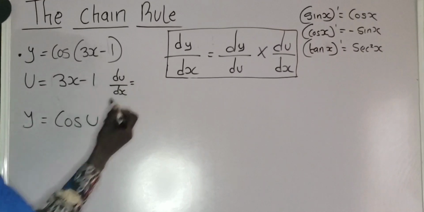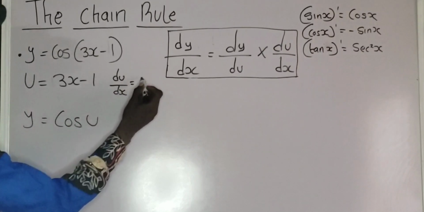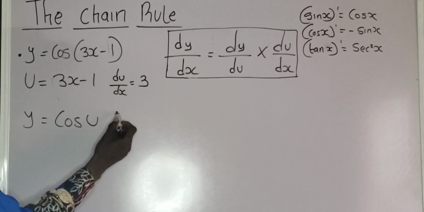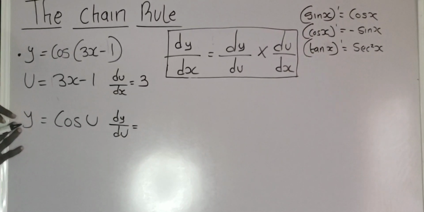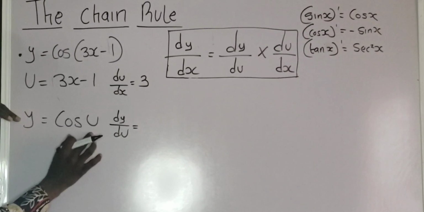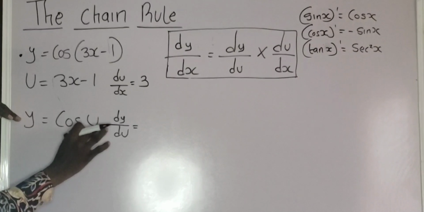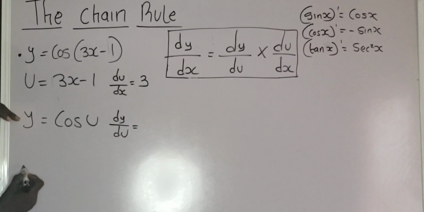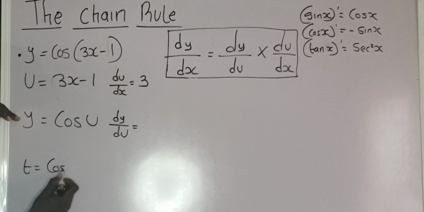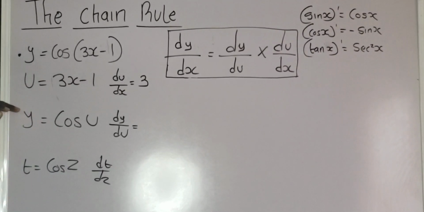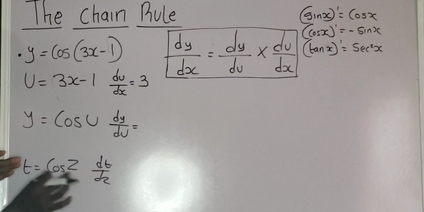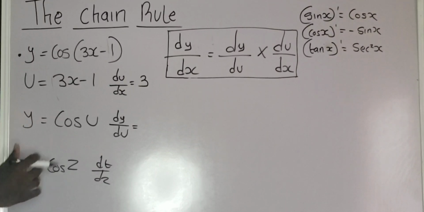So du over dx using the power rule is 3. And dy over du is equal to what? I'm differentiating y with respect to what I have here. The letter that I have here is u. That is why I have dy over du. Probably if you have t equal to cos z, that will be dt over dz. Do you understand? So you are differentiating with respect to the letter at the right hand side of your equation.